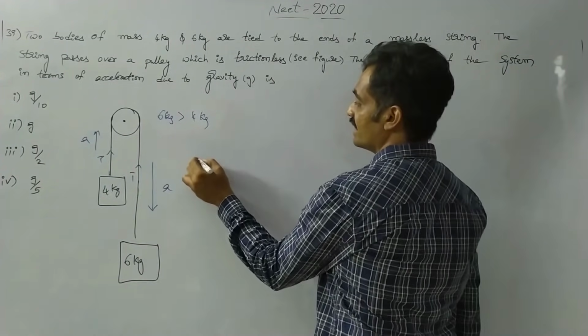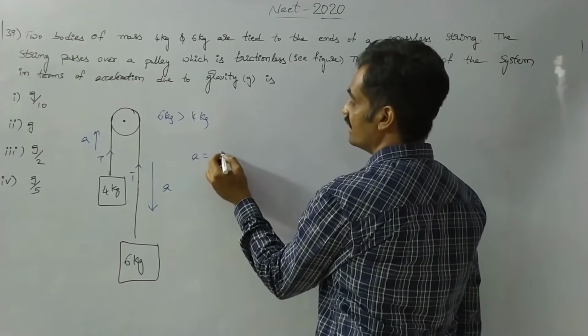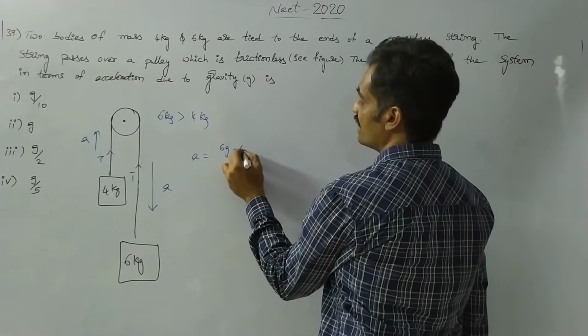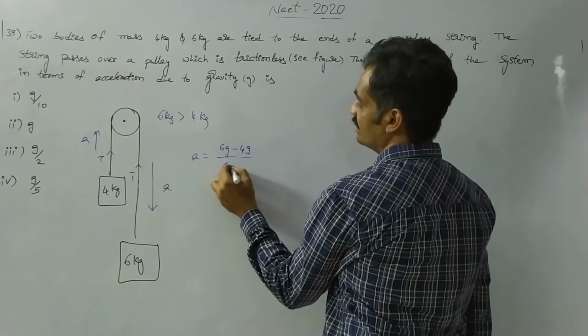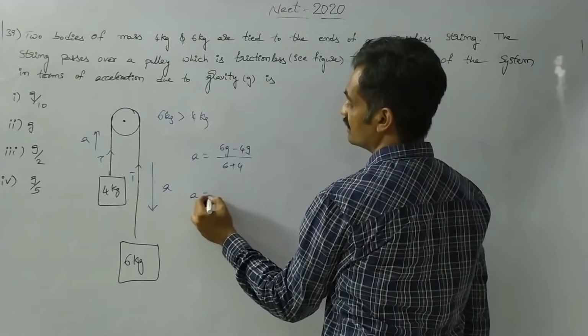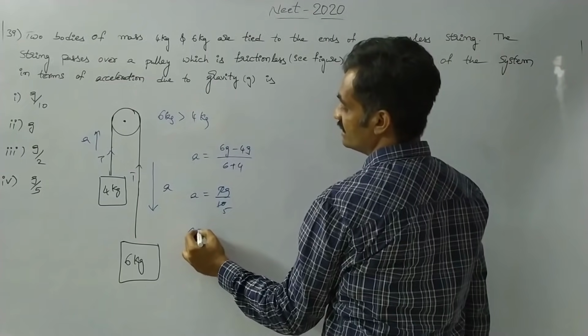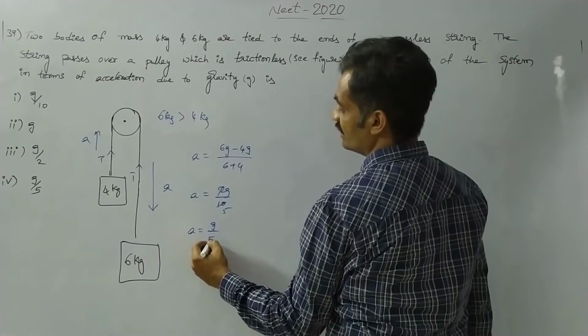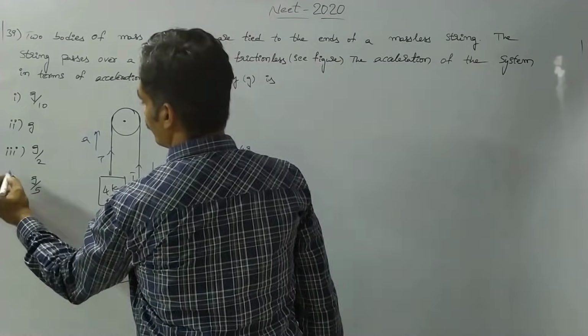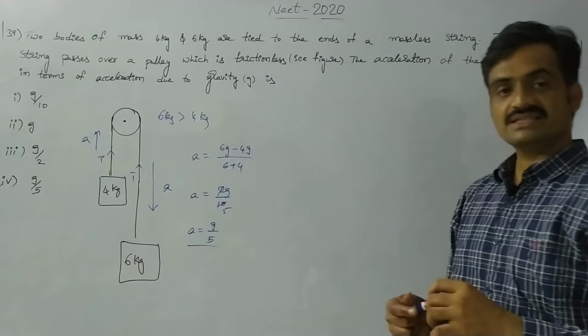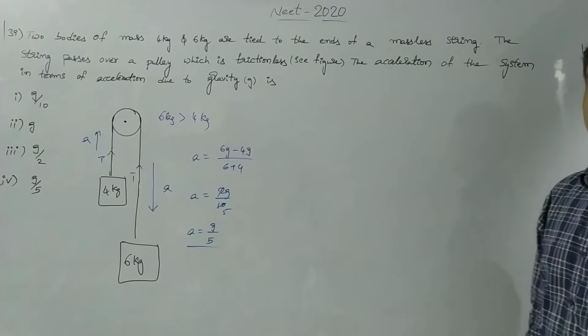In this case the acceleration is given as a = (6g − 4g)/(6 + 4). So we have a = 2g/10. If we cancel, we have a = g/5. So option is 4. Take a screenshot, we will continue.